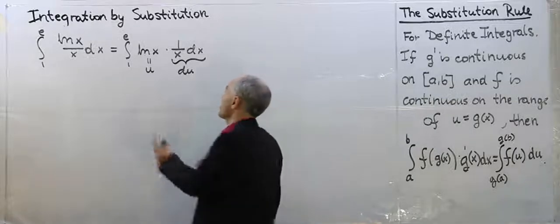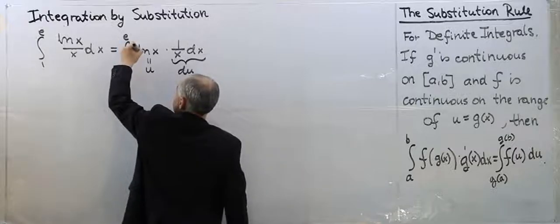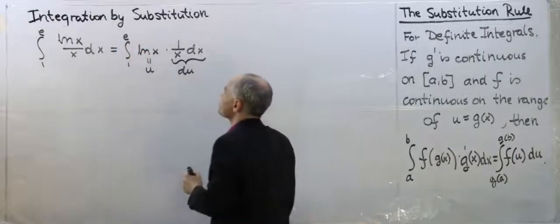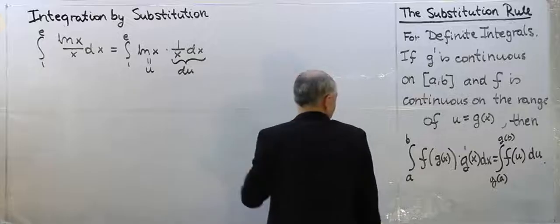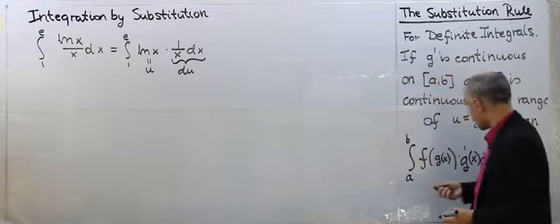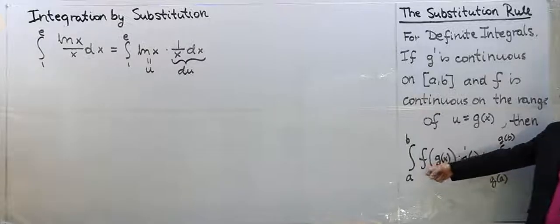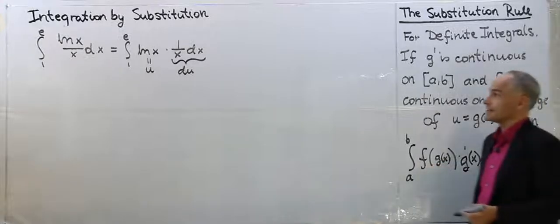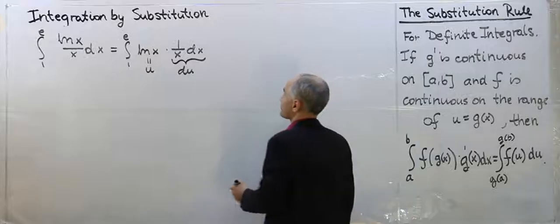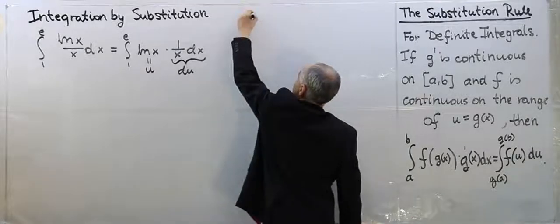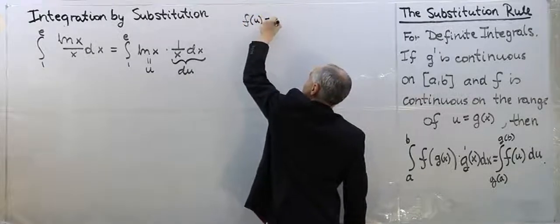Well, we can always write ln of x as the composition of ln of x with the identity function. So if you would like to match this expression with our substitution formula, we just let lowercase f to be the identity function. So I can write this down, that f of u is just equal to u.